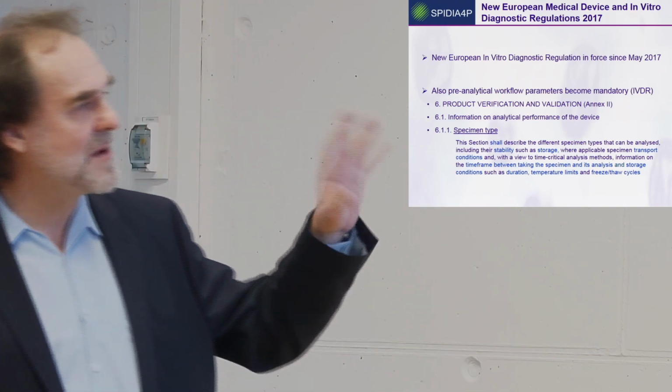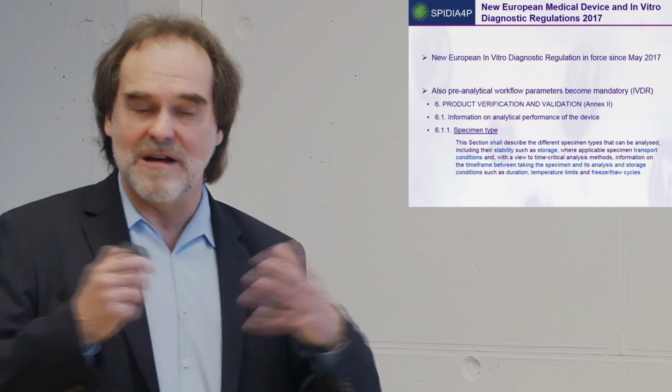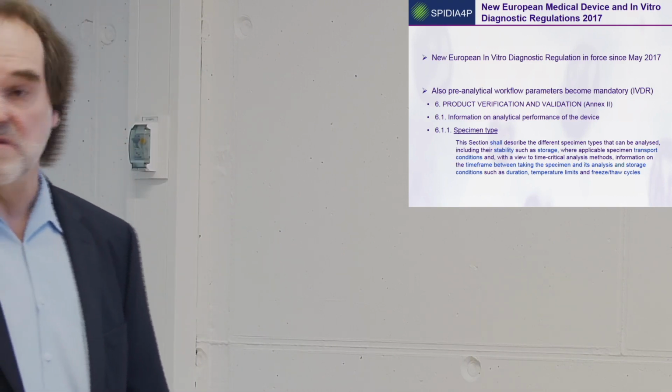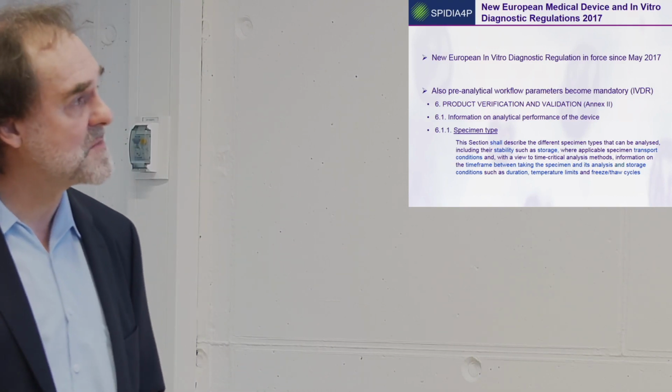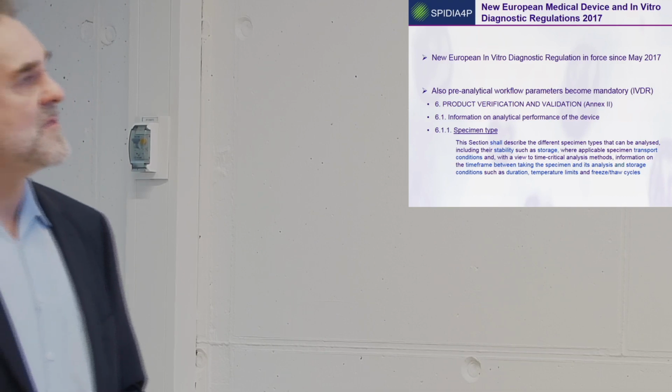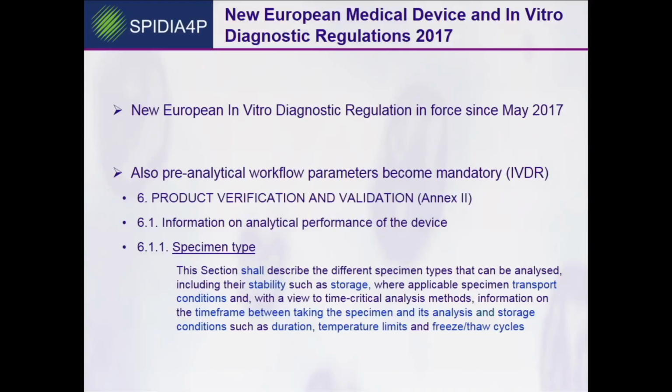I've just copied here one paragraph. There are other parts in this law that also address these pre-analytical workflows, but this is just one. From Annex 2, you see here, this section shall describe the different specimen types that can be analyzed, including their stability such as storage, transport conditions, time frame between taking the sample and its analysis, storage conditions, duration, temperature limits, even up to 3 thaw cycles.